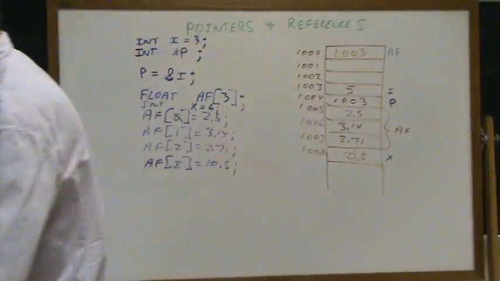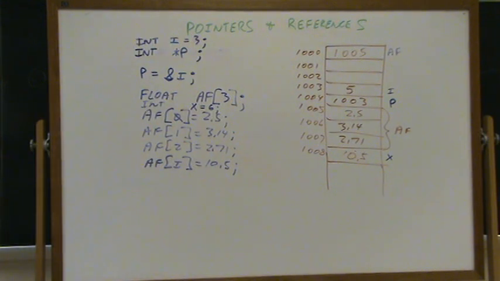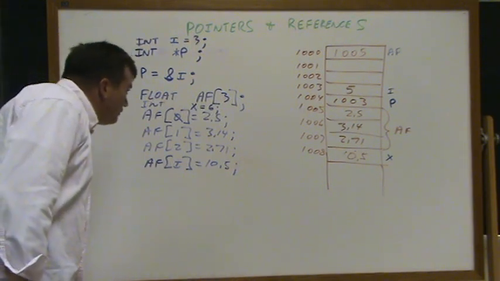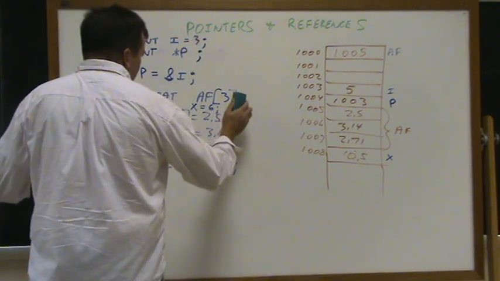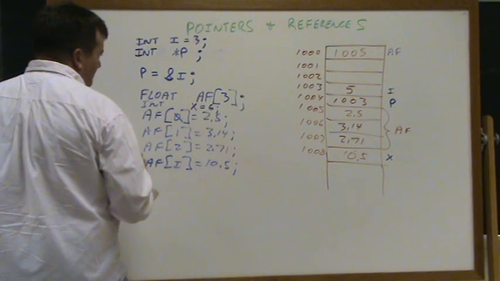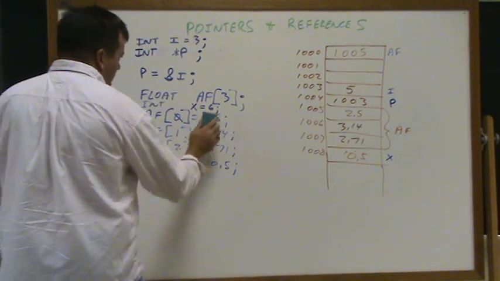Okay, so, let's see. Now, in C and C++, there's also a concept called references. So there's a third type of storage location. And let me just do one thing while we're on the topic of arrays.